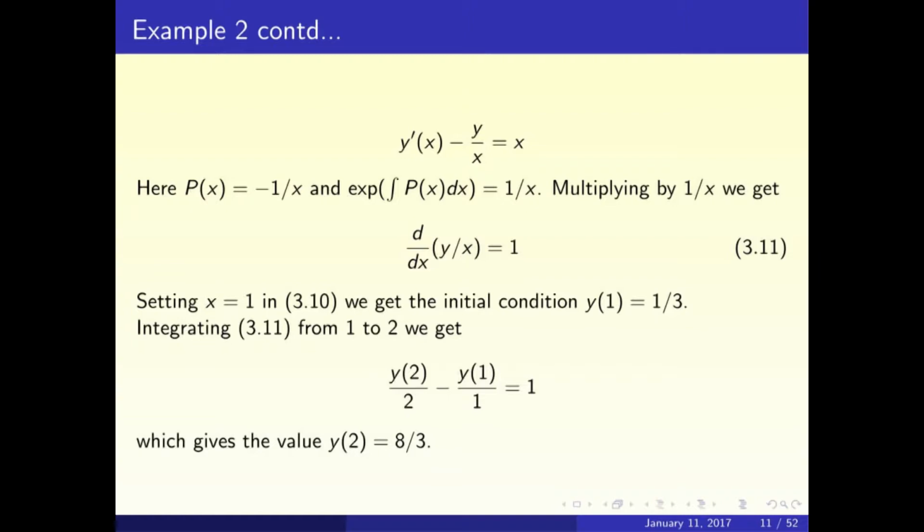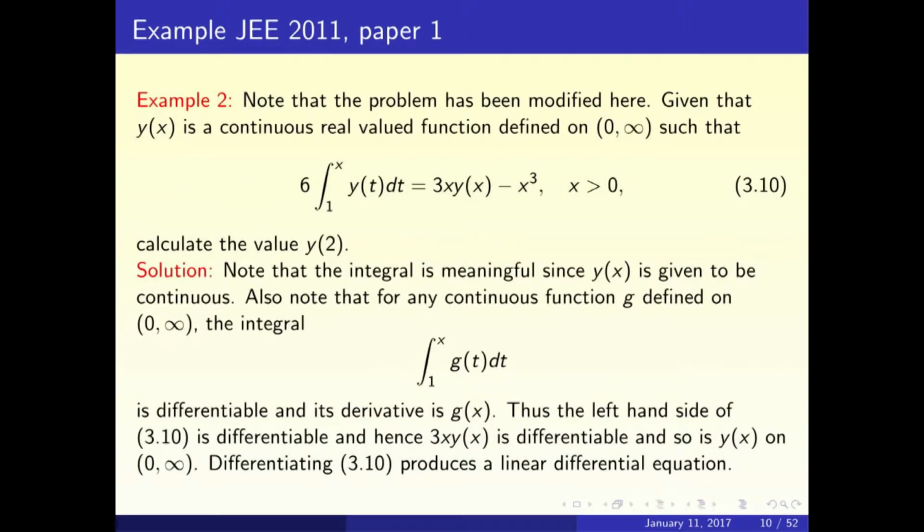Right hand side is 1 because you had an x and you multiplied by 1 upon x, and so the right hand side has become 1. So 3.11 is an innocent looking equation. You must integrate 3.11 from 1 to 2. What do you want? The question asks you for the value of y of 2. So you must employ definite integrals.